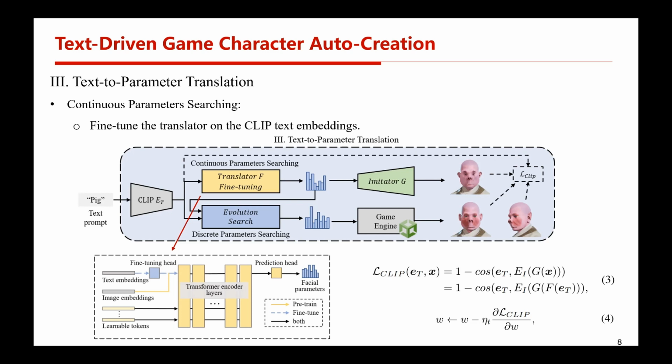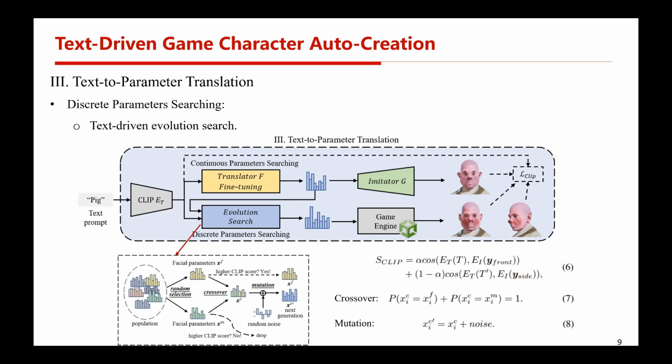For the discrete parameters, they are very difficult for the imitator to learn because they have discontinuous representations. So we only train the imitator on continuous parameters, and for the discrete parameters, we propose a text-driven evolution search to optimize the discrete parameters without any gradient information by directly interacting with the game engine.